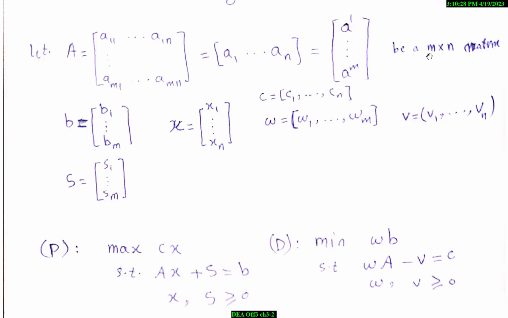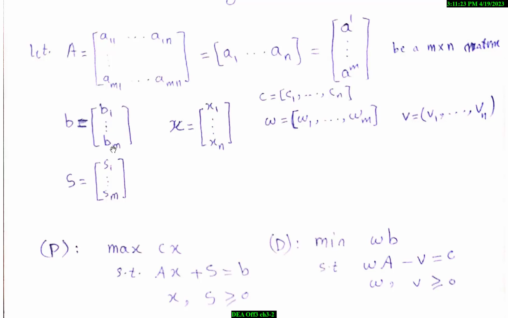Let A be an m by n matrix that when we put the index down, this means these are indeed columns of A, and when it is up, these are the rows of matrix A. So for example, A1 down is this column, and when put 1 up, A1 means this row of matrix A.